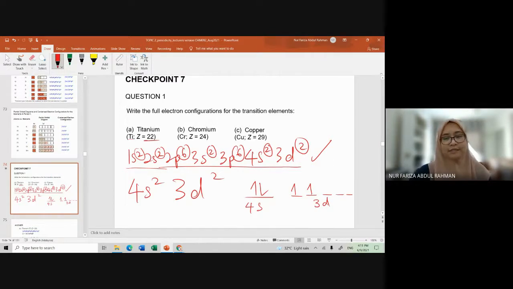So practice. Remember, transition elements are a bit special. In order to determine the valence electrons, you have to total out 4s and 3d. For the partial orbital diagram too, we have to consider the s and the d orbitals.